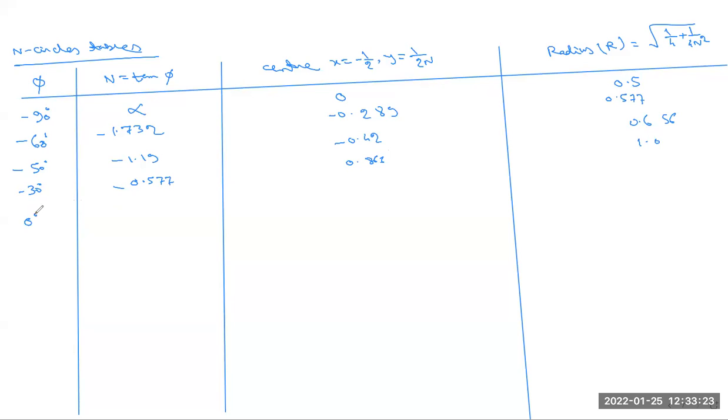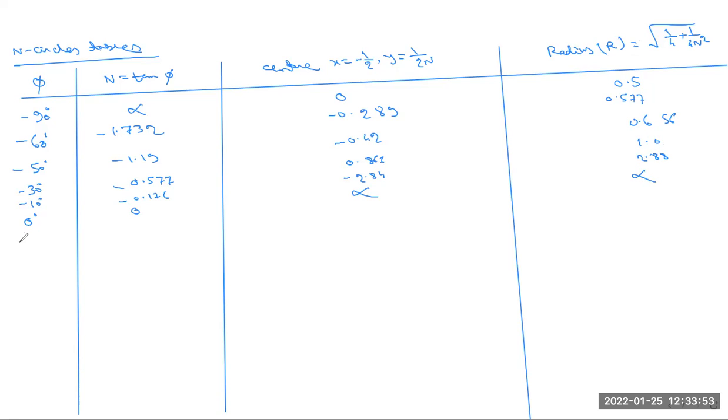Then the center point, that is 0 degree. When this is 0, this is also 0. This is infinite, this is also infinite. Another we have to miss, that is minus 10 degree. The value is coming 0.176, minus 2.84, and the radius is coming 2.88.